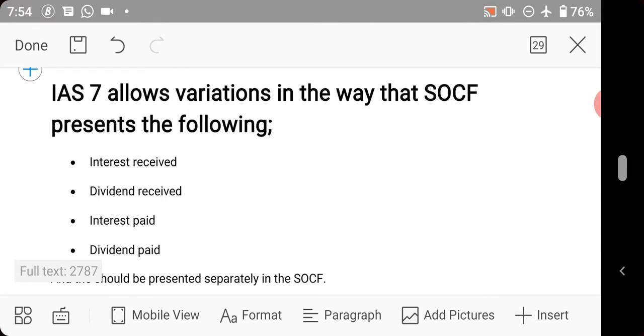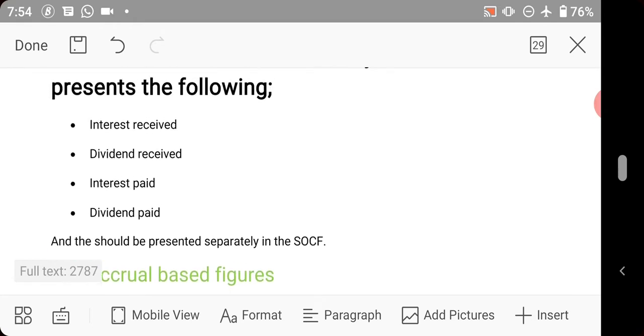So IAS 7 allows variations in the way that the statement of cash flow presents the following. Now, according to IAS 7, interest can be treated: interest received, dividend received, interest paid, dividend paid. Interest received and dividend received can be treated as an operating activity or investing activity.